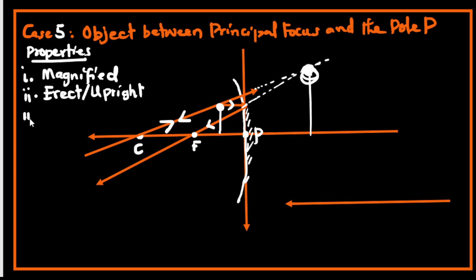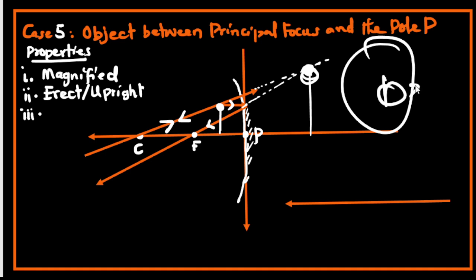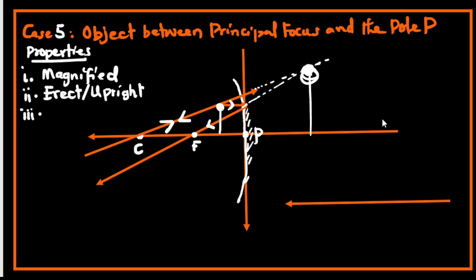Then number 3. Let us talk about the nature of the image. Do you think this is real or virtual? Fantastic. Because as an observer, you are to be here. So if an observer is here, the image is formed. No, I made an error.